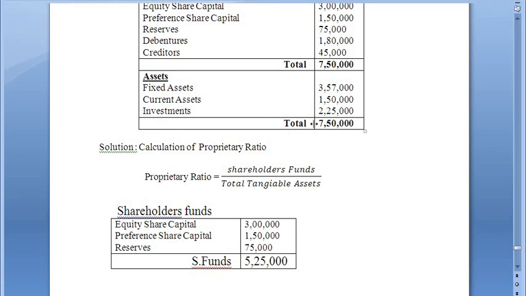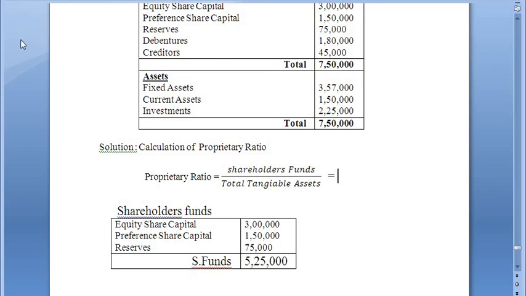At least in this problem, they are not given. So whatever total asset is there, that only will be considered as total tangible asset. So here we can calculate the proprietary ratio.